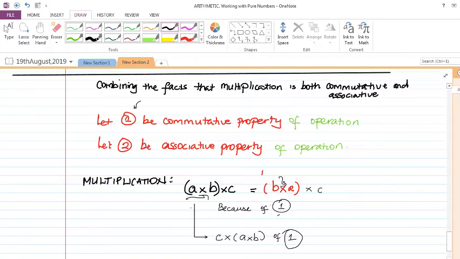So this was first here, and I take it and bring it in front, I just change the order around. So C times A times B is the same thing. And then again I can actually interchange these two because of the commutative property. Therefore C multiplied by open brackets B times A.